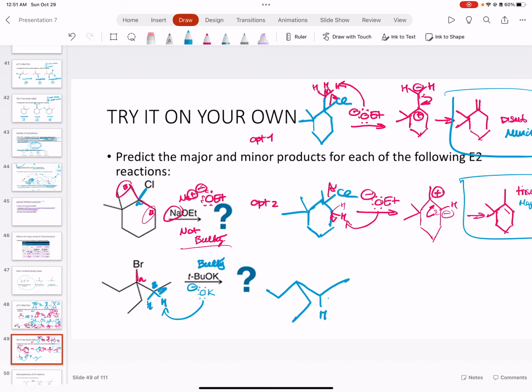We have 1 hydrogen. This one's negative. Our bromine left, so that one's positive. And then we can do a double bond in between.